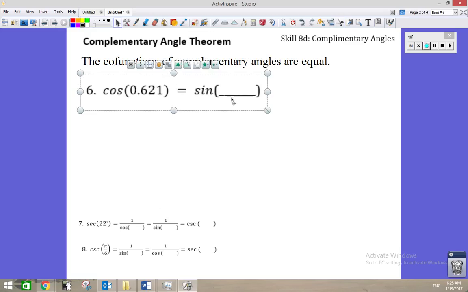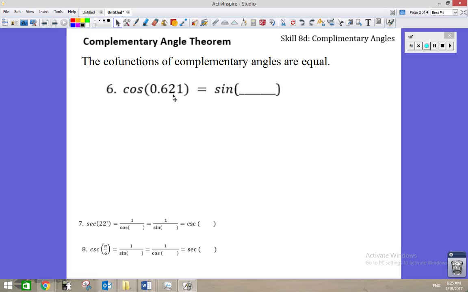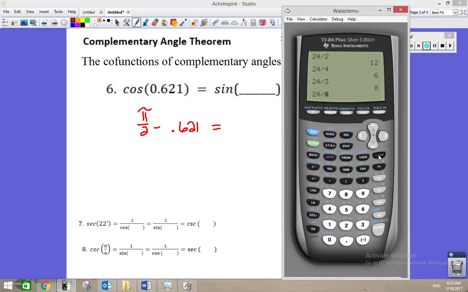Now this time, they don't give me the radian measure in terms of pi, but I know that's a radian measure because there's not a degree symbol there. So I'm still going to take pi over 2 minus this value. It's just that I don't have to get a common denominator. Well, I guess you could. I'm going to just jump to the calculator and get a decimal approximation for this. So I'm going to go ahead and let the calculator handle the pi for me. I'm not going to have round off error.